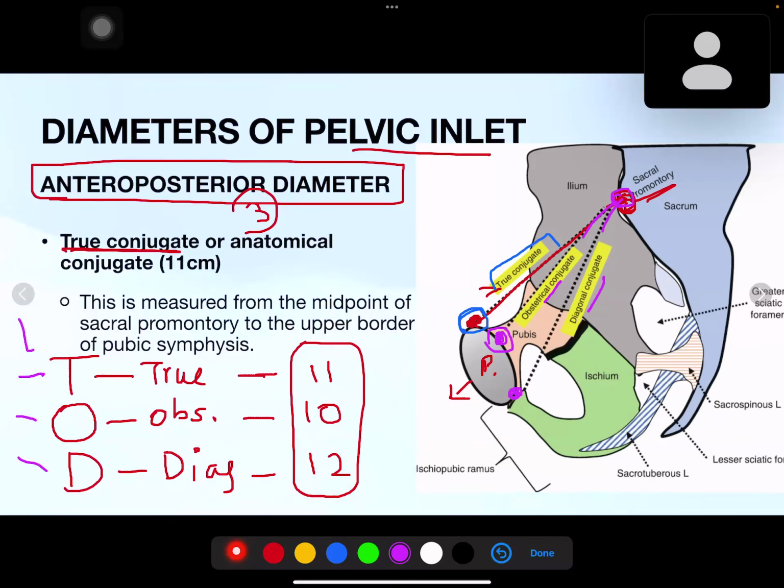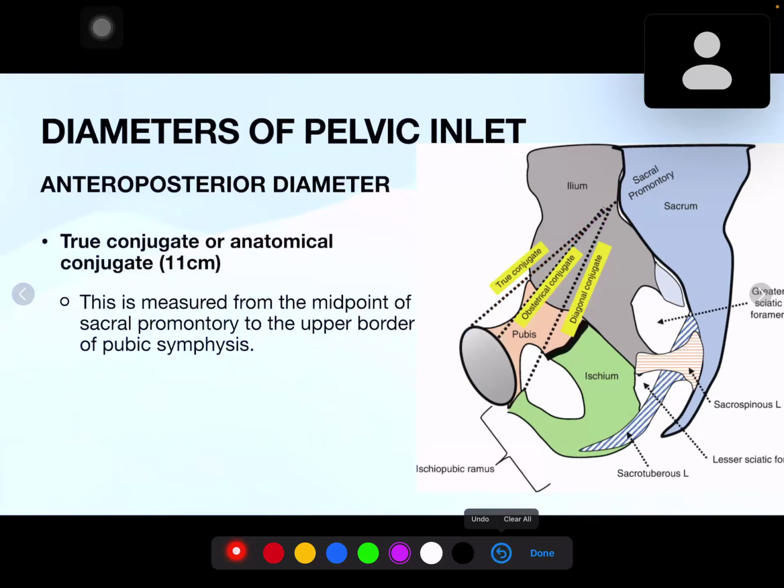T is above, so it is the upper border of the pubic symphysis. O will be the middle point of the pubic symphysis, and D would be the lower border of the pubic symphysis. Now, if they ask you from where the true conjugate arises or where the obstetric conjugate arises, you just have to know TOD. Above is T, true, middle is the O, and lower is the D.